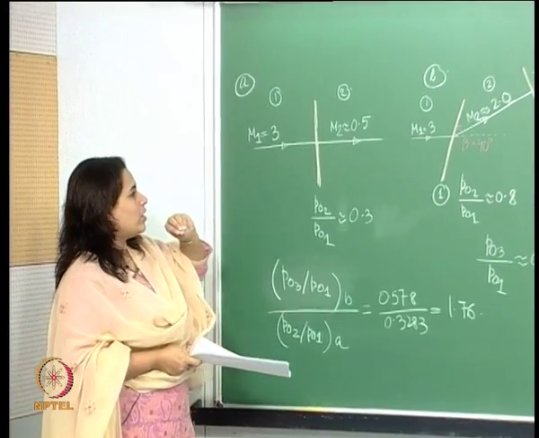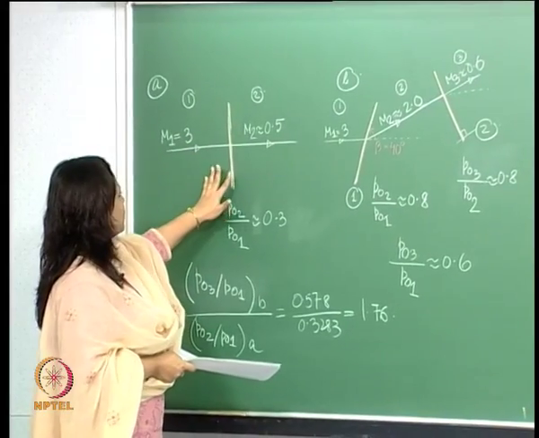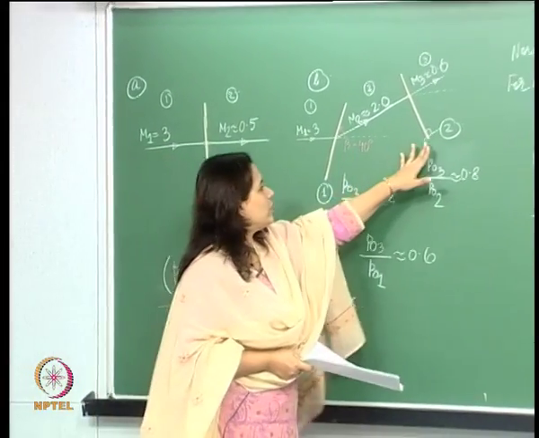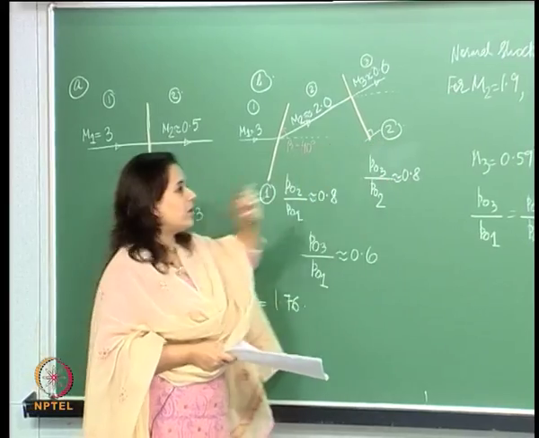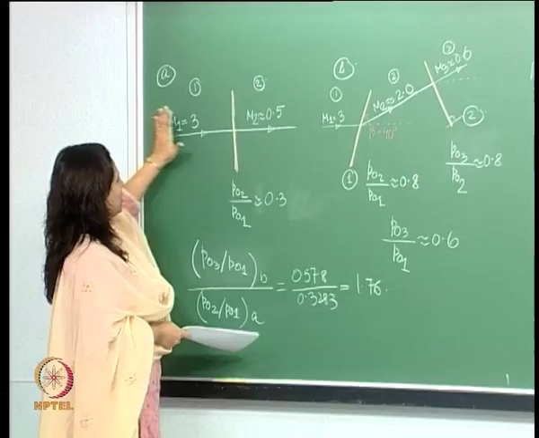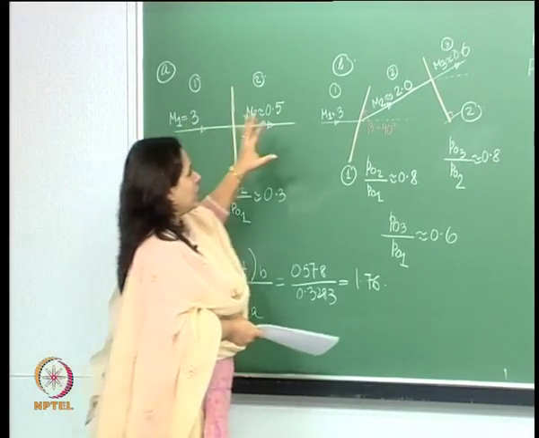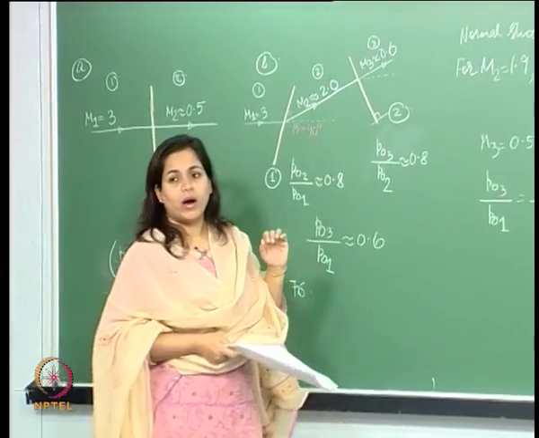So in this particular case, this normal shock is at a higher incoming speed, Mach 3, while here the incoming speed is Mach 2.